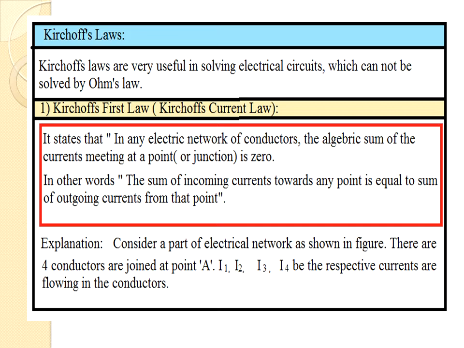Let I1, I2, I3, I4 be the respective currents flowing in the conductors. That means in conductor 1, I1 is the current flowing. In conductor 2, I2 is the current flowing. In conductor 3, I3 is the current. Similarly, in conductor 4, I4 is the current flowing.